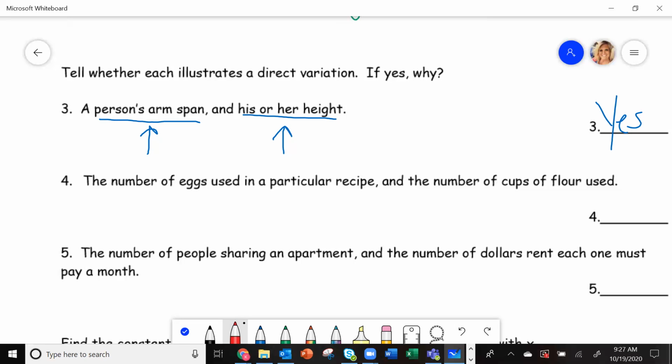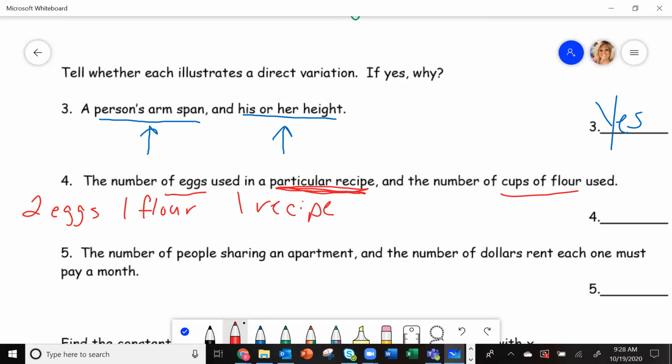In a recipe, if it says that you're using 2 eggs and 1 cup of flour, that's for one batch.